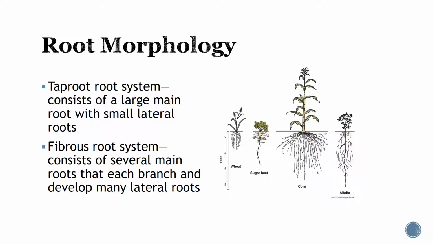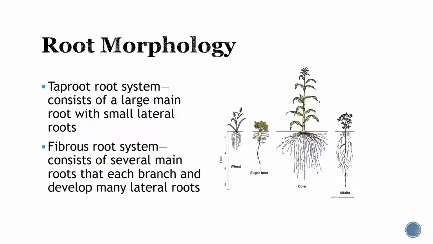These are pictures of the differences between a taproot and a fibrous root system. You can look at this comparison to the right of your screen and see four different types of plants: a sugar beet, a wheat, a corn, and an alfalfa. You can also see within those plants the different types of root systems that they have. The sugar beet and the alfalfa look pretty similar compared to the wheat and the corn. Those two look similar as well. Taproot systems just have a large main root with very small lateral roots, or micro roots, that we can also call them.